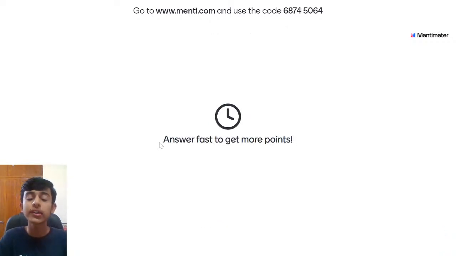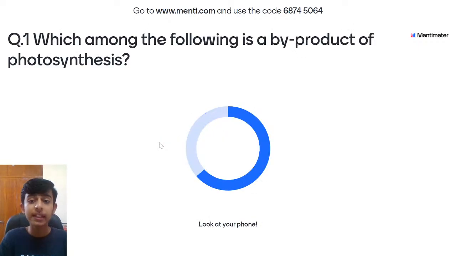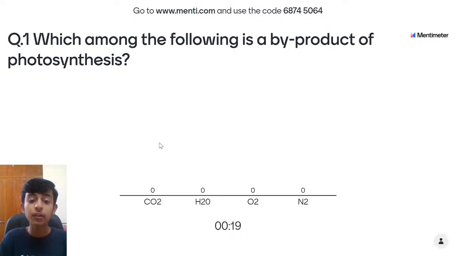Question number 1 on your screen: which among the following is a byproduct of photosynthesis? CO2, H2O, O2 or N2? Which of the following is a byproduct of photosynthesis? What do you all think?